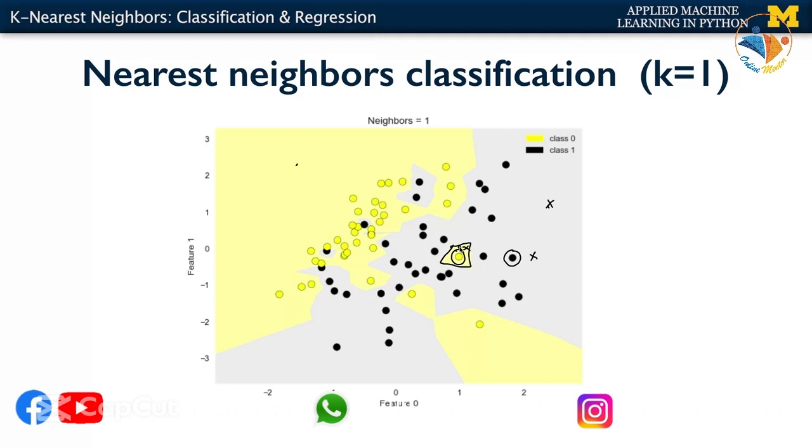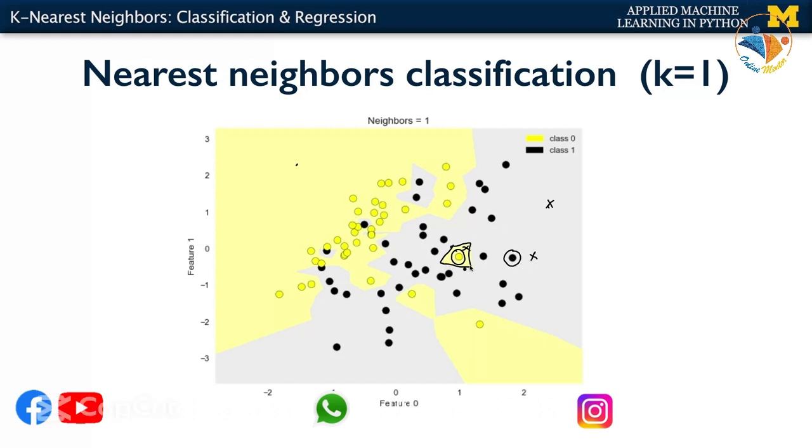For the k nearest neighbors classifier with k equal to 1, you can see that the decision boundaries that derive from that prediction are quite jagged and have high variance. This is an example of a classification model that has high model complexity. In fact, you can see that the 1 nearest neighbors classifier is overfitting the training data in this case.